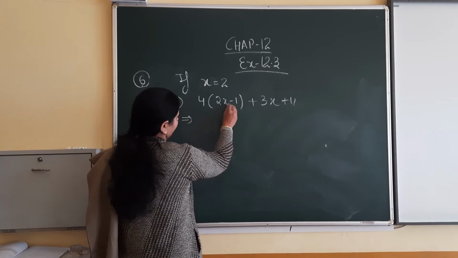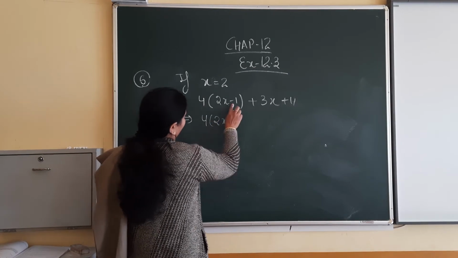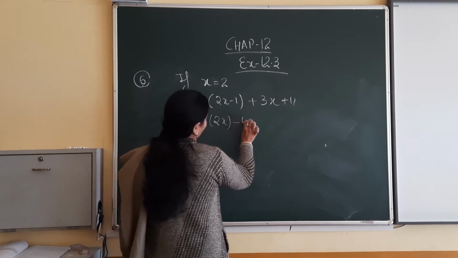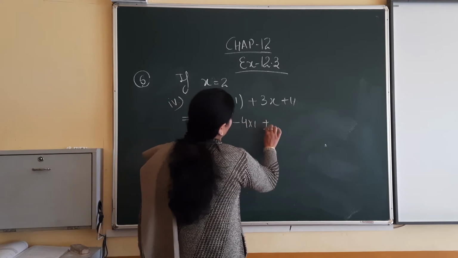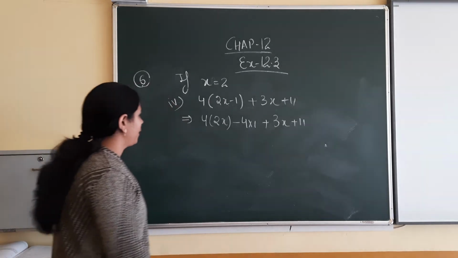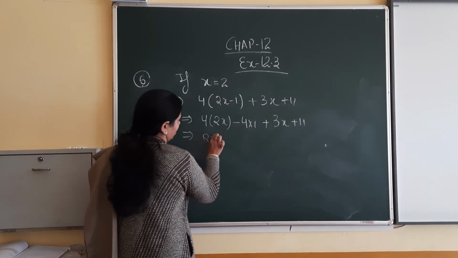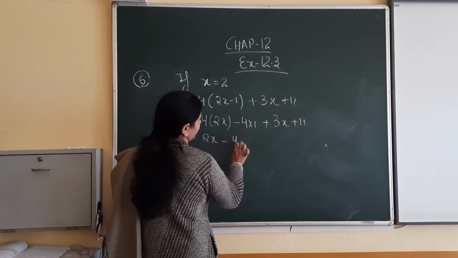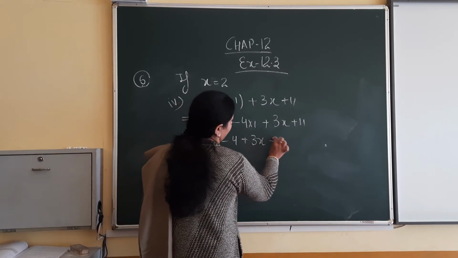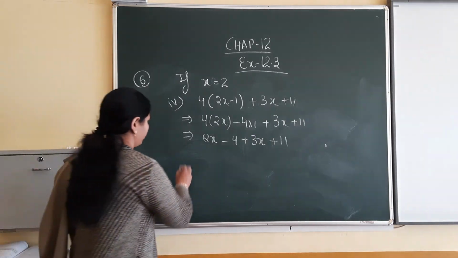Multiply this 4 inside the bracket, so it becomes 4 into 2x, this minus sign, 4 into 1, plus 3x plus 11, keep as it is. Now in the next step, 4 2s are 8, it becomes 8x, minus 4 plus 3x and plus 11. Now combine like terms and solve them.